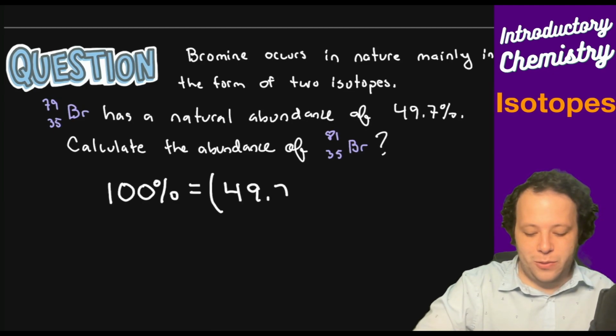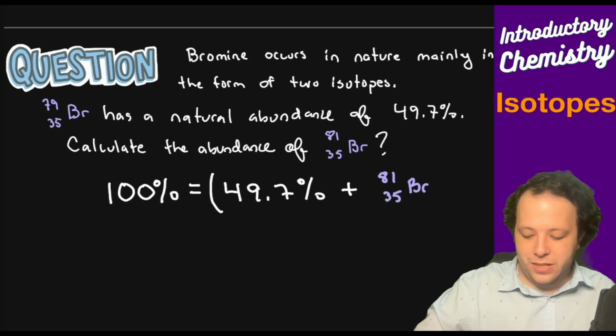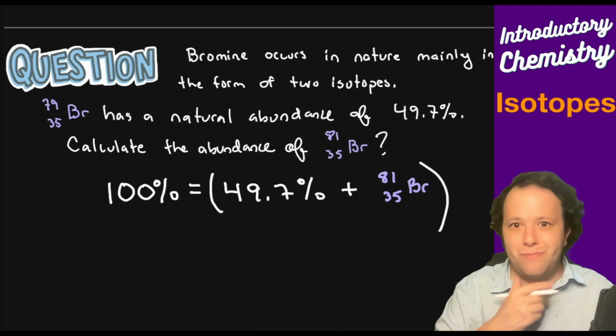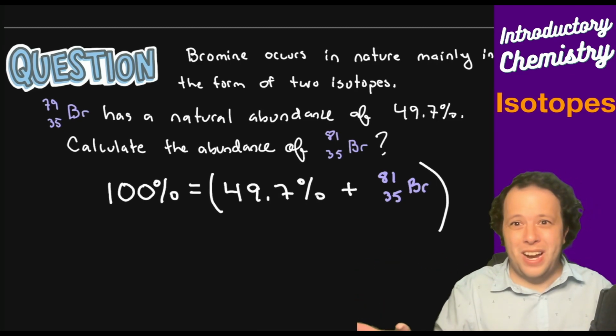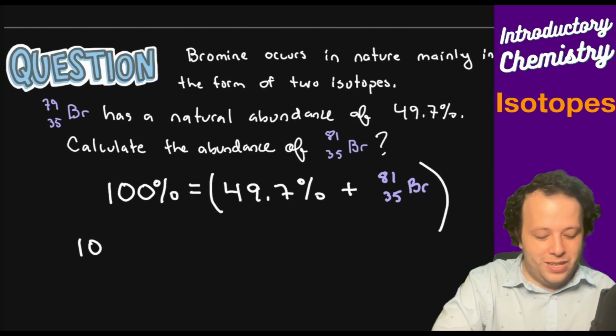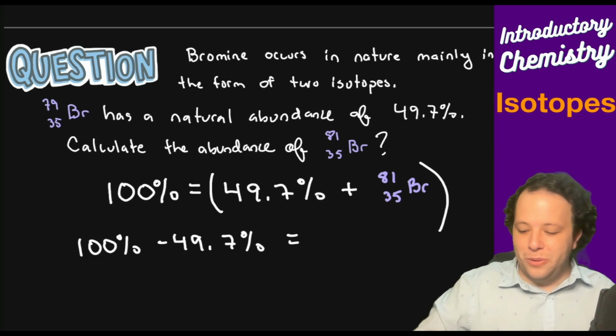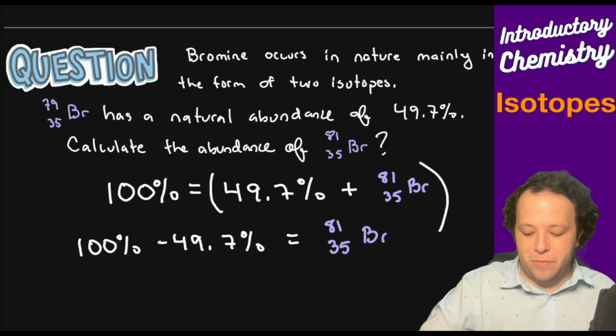One of them is 49.7%, and we don't know what the other one is. So is there an easy way to go about and try to solve this? And the answer is quite frankly, yes. Just subtract the percents. If you move things around, we make it where it's 100% minus 49.7%, it will equal our percentage that is representative of bromine-81.